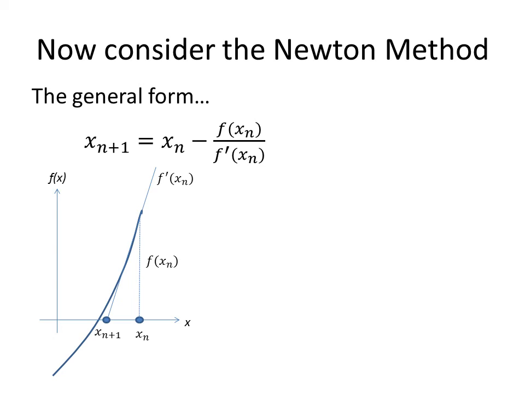And you can see, I hope you can see graphically, that this will get us really close to the root very quickly. In fact, the Newton-Raphson method is well known for being excellent at being a reliable converger.